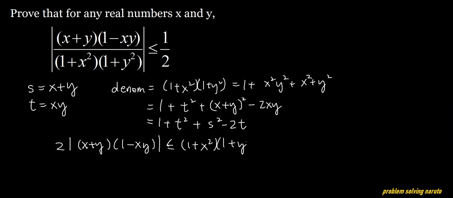And now let's use s and t. So the right hand side would be 1 plus t squared plus s squared plus 2t. And you see this is s times 1 minus t. And if you just look at the t here, you can also combine it into 1 minus t or t minus 1. This is just 1 minus t squared.